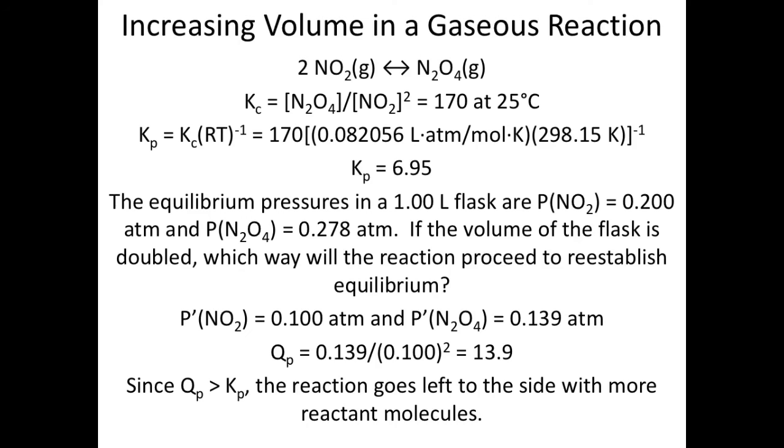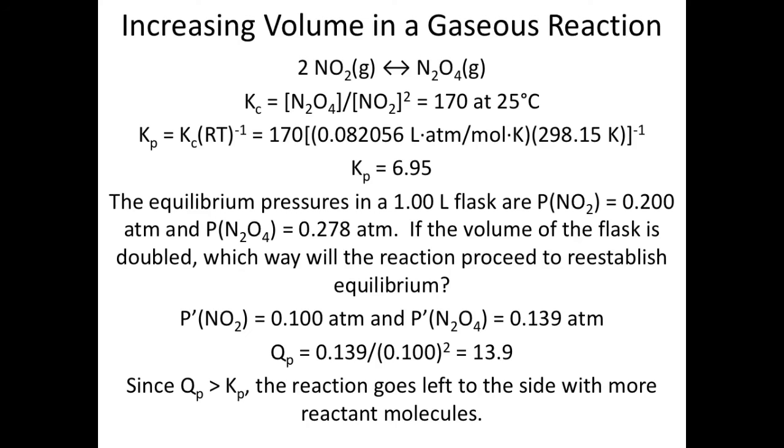So the equilibrium pressures in a 1 liter flask come out to be: the partial pressure of nitrogen dioxide is 0.200, and the partial pressure of the dinitrogen tetroxide is 0.278 atmospheres.